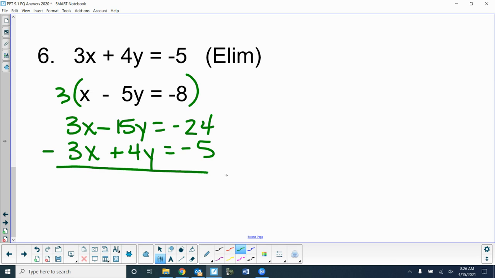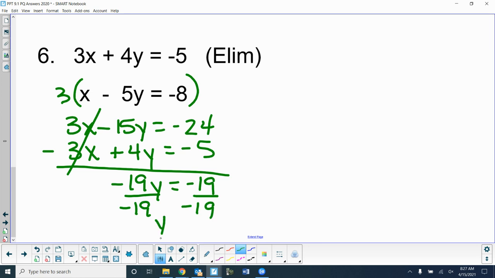Subtract. So negative 15 minus 4 is a negative 19. Here's where you make a mistake sometimes. What's minus a negative again? Addition, right? So it's negative 24 plus 5. So you get a positive 1 for your Y.